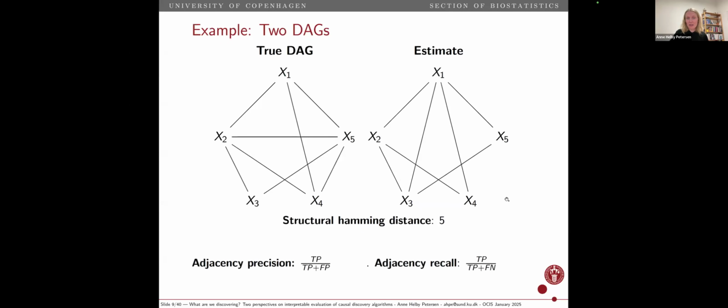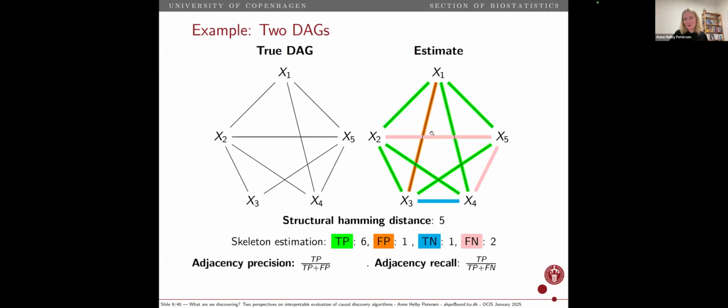And if we want to do that, well, then again, we need to count on our estimate. How many true positives are there? So how many edges are correctly placed? How many are false positives? How many are there that shouldn't have been there? How many are true negatives? How many shouldn't be there and are not there? And then finally, how many are false negatives? And those are the ones that should have been there but are not. So we can just count those numbers and then compute these metrics.